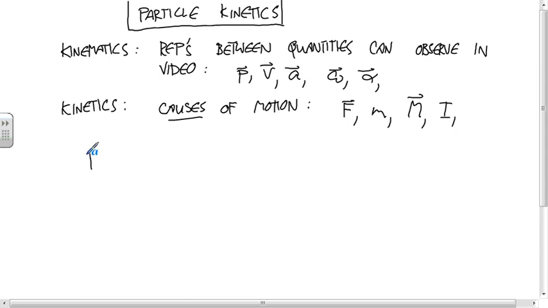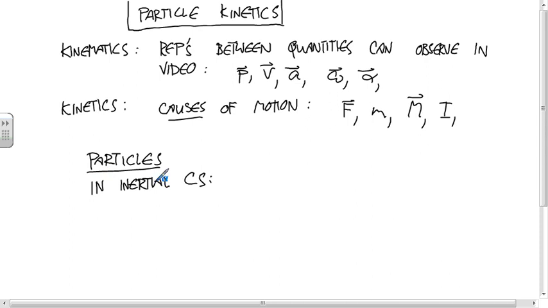If we're talking about particles, then we're not going to be talking about moments and moment of inertia yet. And so the most important equation that we're going to deal with for particle kinetics, and this holds only in an inertial coordinate system, is Newton's second law.